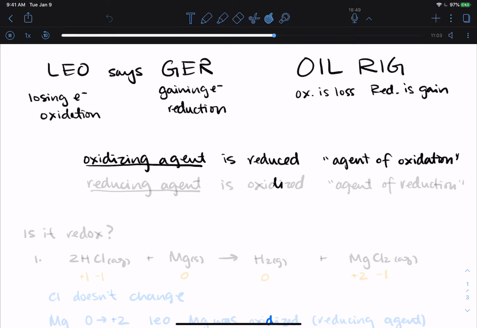So the reducing agent is oxidized. So it is the agent of reduction, if you will.